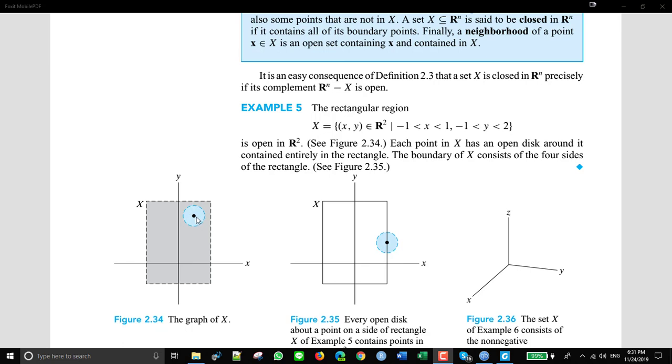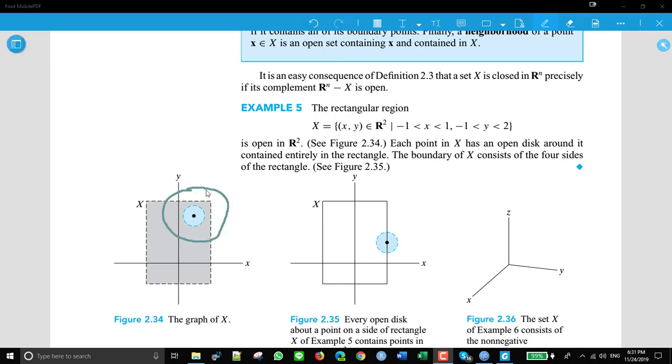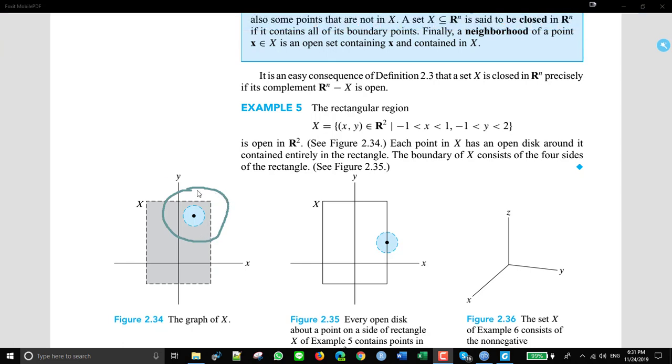So, yeah, here we have an open ball around this point which is contained in X, but not every open ball around this point will be contained in X. So, for example, excuse my drawing, but this is supposed to be a circle, and if I'm not including the border here, then this could be an open ball around this point, but it's not contained in X. Okay, let's go back and review this again.